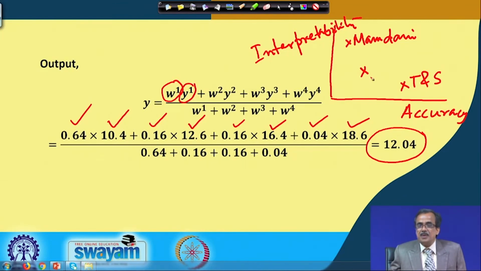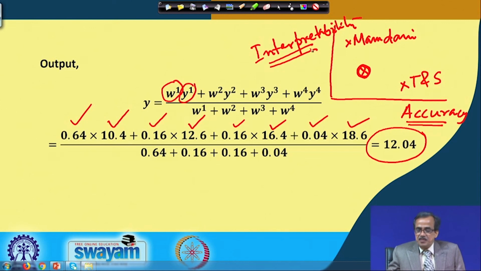So, it should be computationally tractable, it should be interpretable, and at the same time the accuracy should be good. We are going to search for the algorithm which could be here, and that will provide a very good combination of accuracy and interpretability.